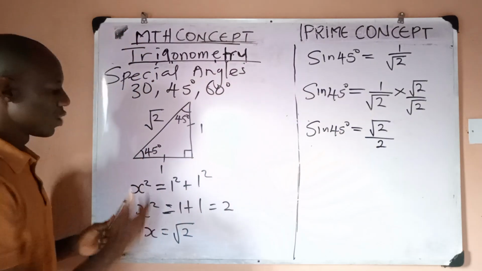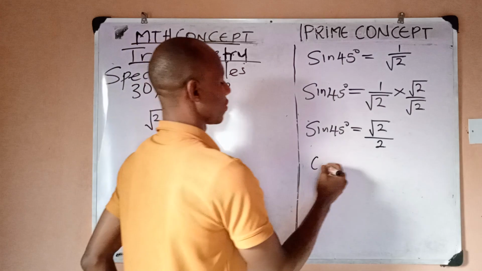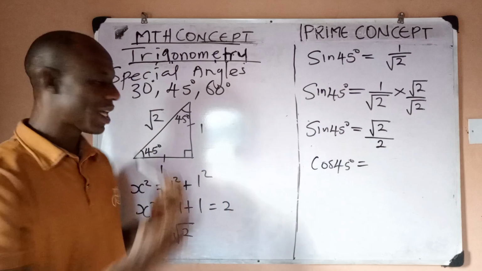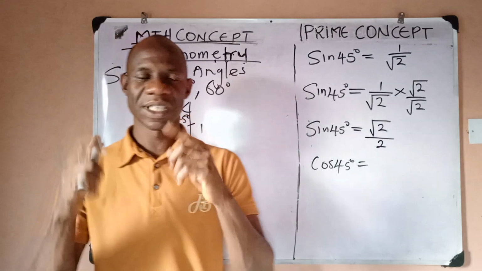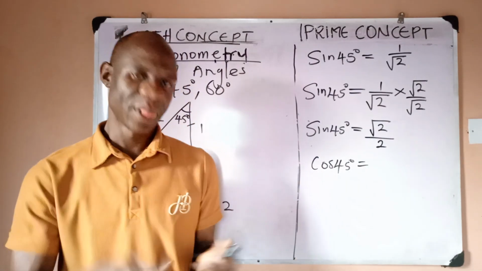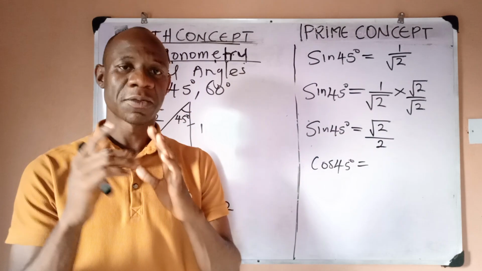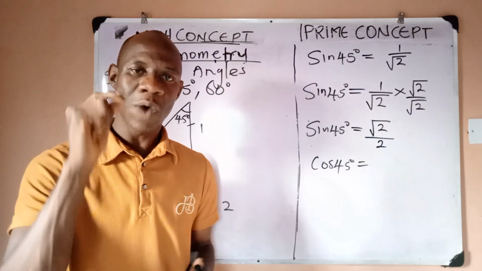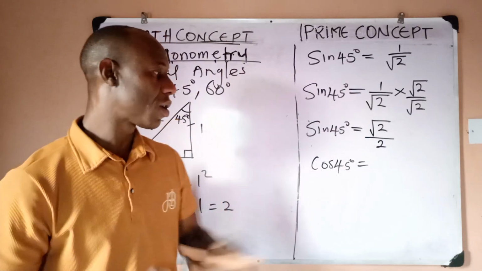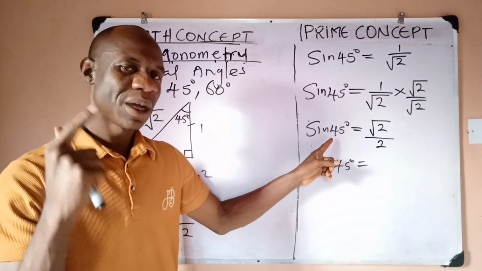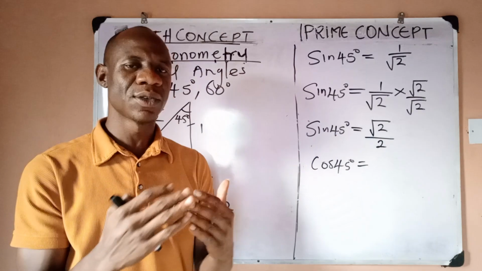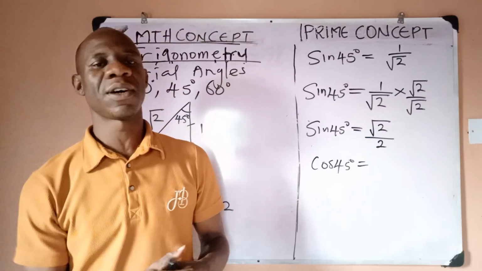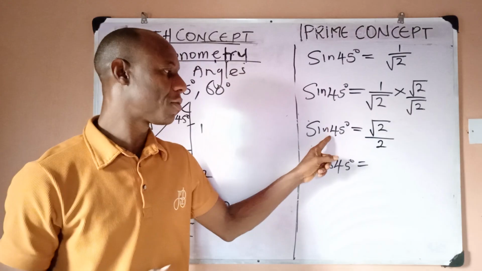Yes. In same way, you can get cos 45. Now, using the concept I already explained, without even solving this, what do you think cos 45 would be? You are very correct. Cos 45 is going to be exactly the same thing as sine 45. And why is that true? The reason is because 45, remember we said for complementary angles, the sine of one is the same as the cosine of the other. So what is the complement of 45 degree?